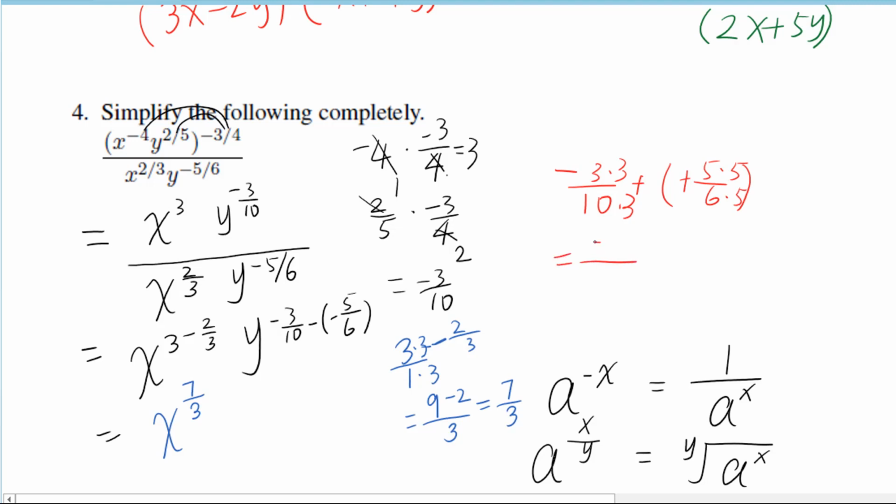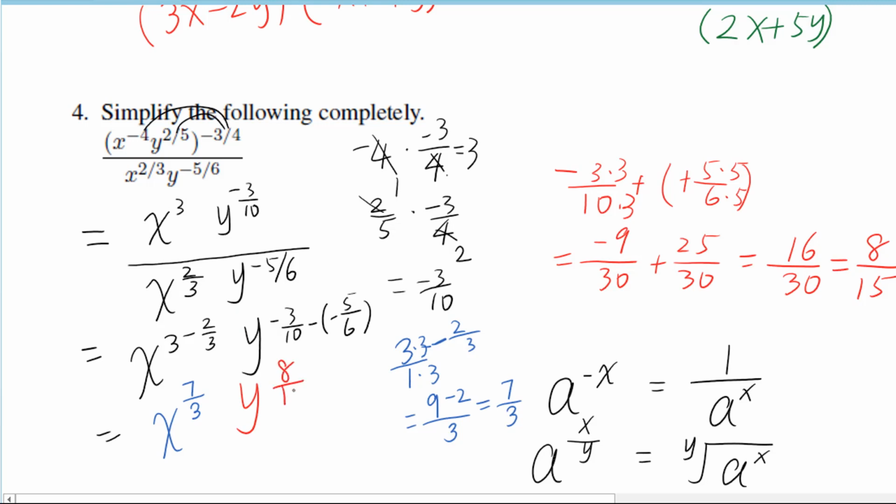You will get negative 9 over 30 plus 25 over 30. So that you will get 16 over 30, divided by 2, 8 over 15. So you will get y to the 8 over 15th power.